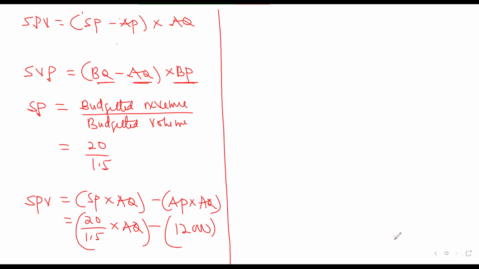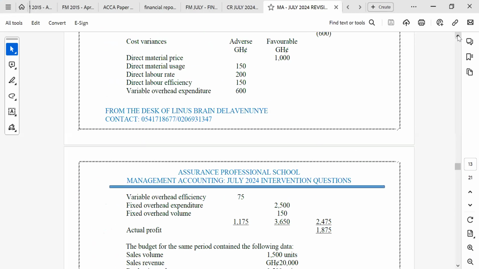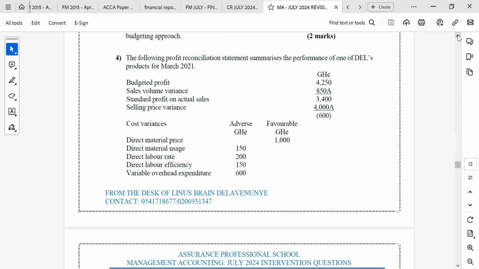What is our sales price variance? We have been given that figure. Sales price variance is 4,000 adverse. This is where we have to determine whether it is going to be negative or positive.